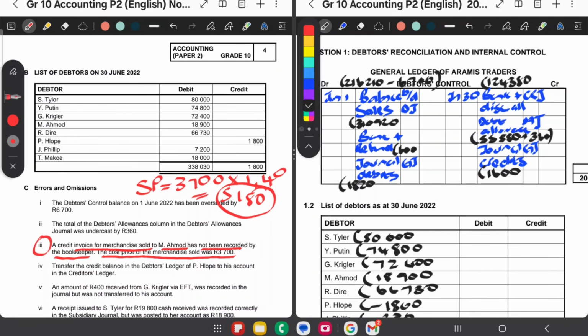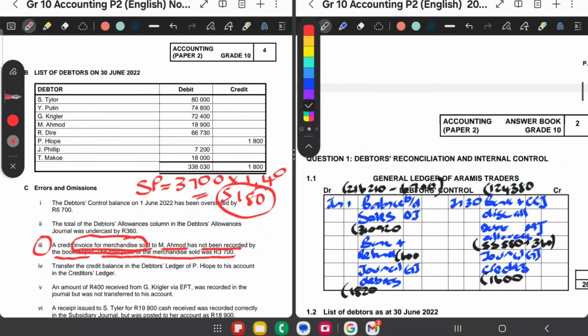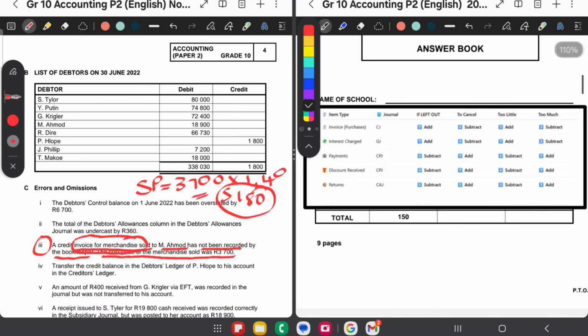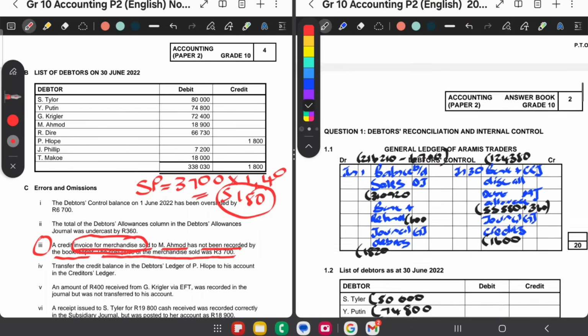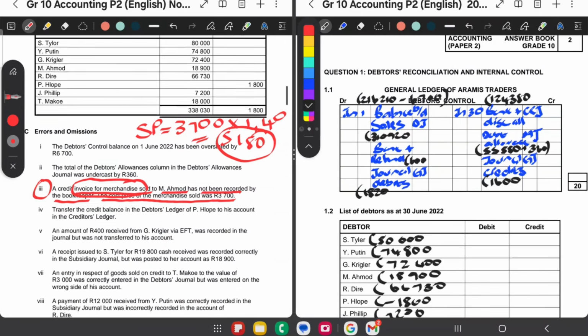So an invoice was left out. It means it was left out in the control account and in the list. So let's go to this note. If an invoice was left out, we must go add it back. So when an invoice is left out, we add that. So an invoice would go to sales over here by the DJ, the debtors journal.